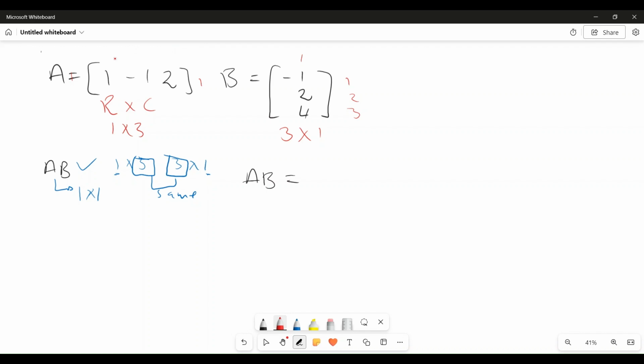What we are going to do is multiply the corresponding row in A with the corresponding column in B. In this case, the corresponding column that I'm talking about is basically these numbers here going down. So each entry, in this case 1, is going to be multiplied with -1, and then plus -1 multiplied by 2, and then plus 2 multiplied by 4. Okay, so all those sums of the products are going to give us only one entry in the matrix.